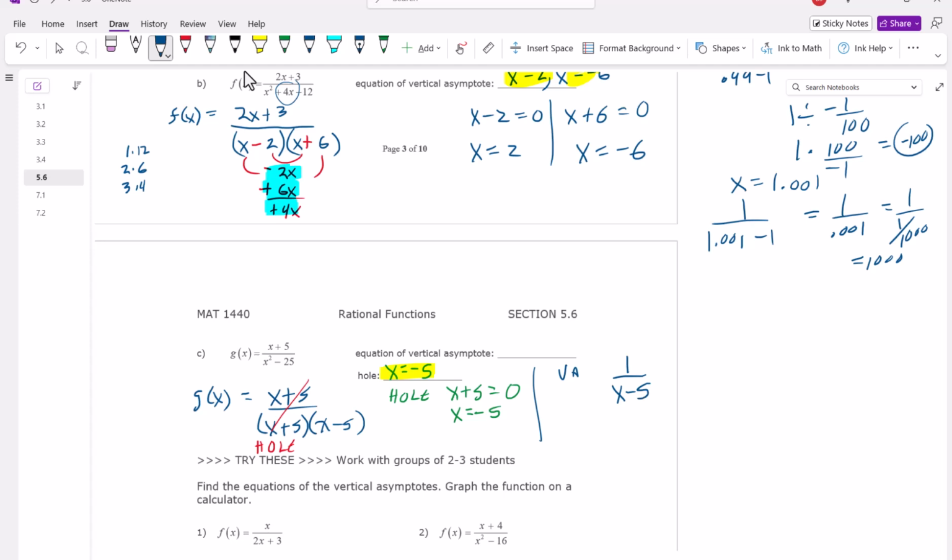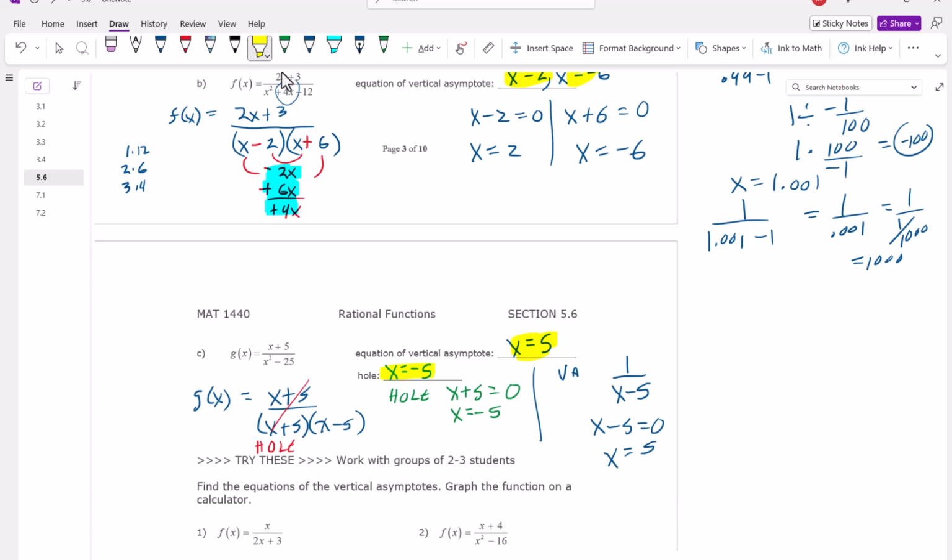So now if you set that equal to 0, you're going to get the vertical asymptote. So the one that cancels is what we call a hole. The one that doesn't cancel gives you a vertical asymptote. I'll put this in the graphing calculator and that'll help you make sense of this.